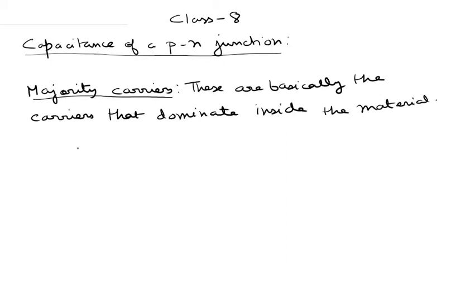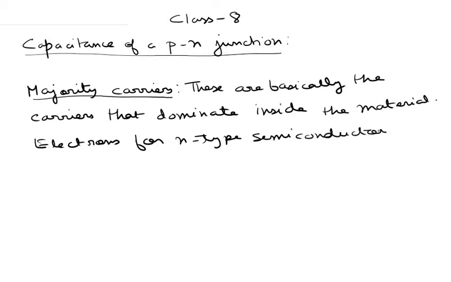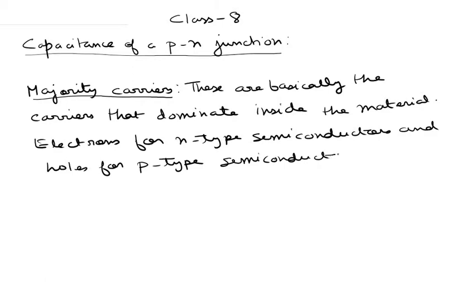So majority carriers are basically electrons for N-type semiconductors and holes for P-type semiconductors. Okay, so these are carriers that are available in plenty inside the device or inside the material, and these are carriers that dominate inside a material.